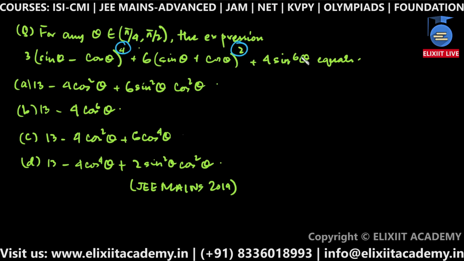Students created (sine theta minus cos theta) whole square, that whole square, plus 6 (sine theta plus cos theta) whole square. Now sine theta minus cos theta whole square is 1 minus 2 sine theta cos theta. Once again whole square, once again you break that. That is also fine, you simply simplify this expression.